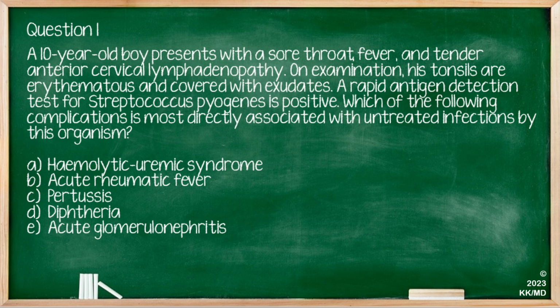So if you want to pause your video and have a think about what we've discussed today. The correct option is going to be acute rheumatic fever. As you recall, Streptococcus pyogenes is not really associated with pertussis, diphtheria, or indeed hemolytic uremic syndrome.